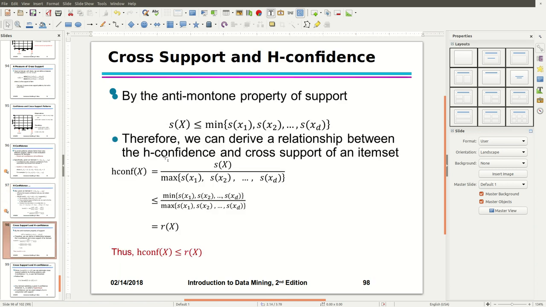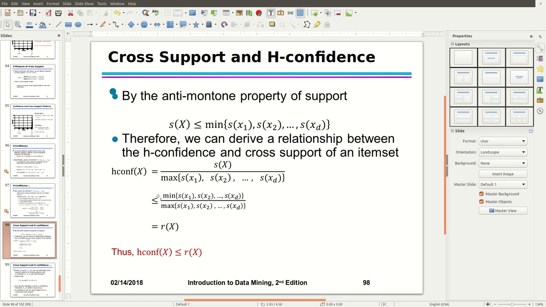And we also have support of X is less than or equal to the minimum of any of these. So if you have a number here, then this will be greater than Sx.